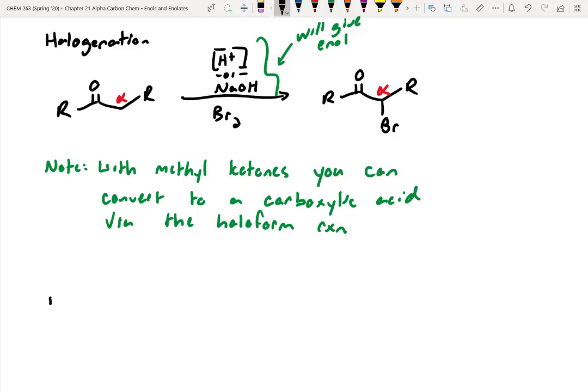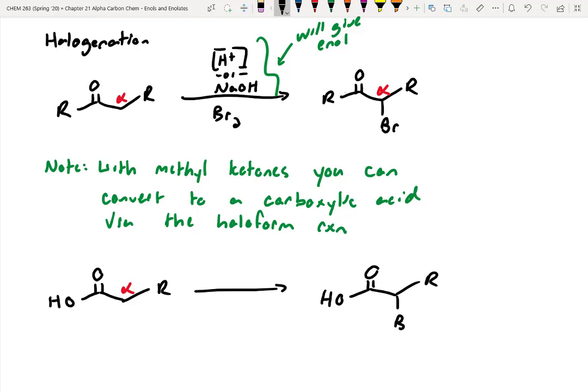We also saw something similar with carboxylic acids. Again, these carboxylic acids have to have alpha positions, and we can get a halogen to install at that alpha position, specifically a bromine, but we need to use a different set of reagents. We can't just use sodium hydroxide, or else that'll just deprotonate the carboxylic acid.